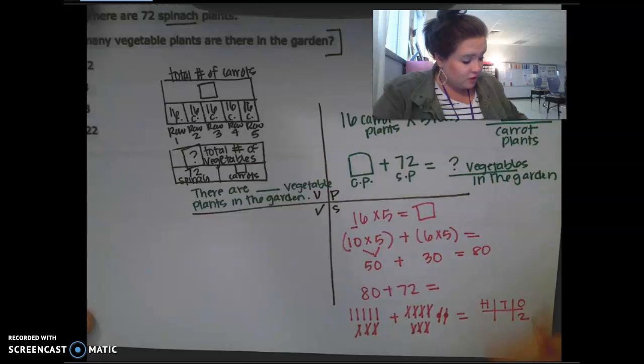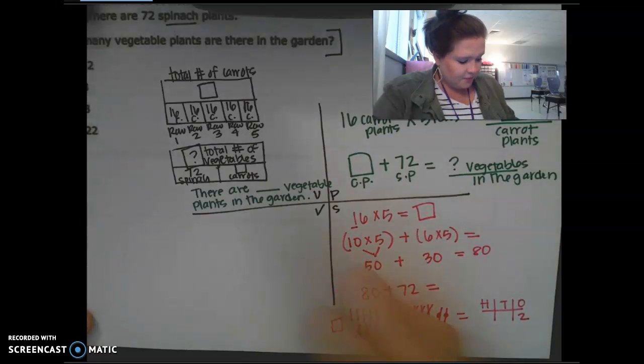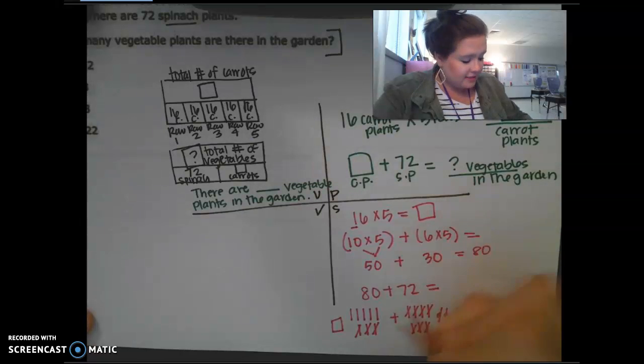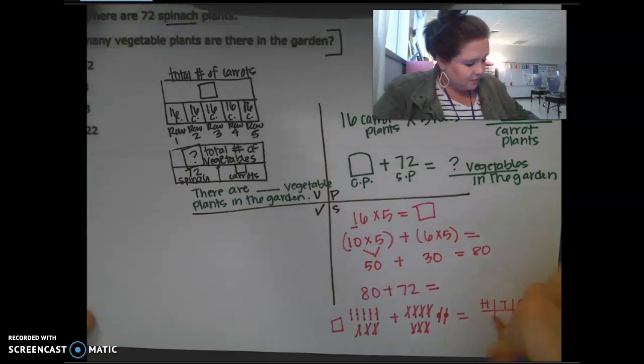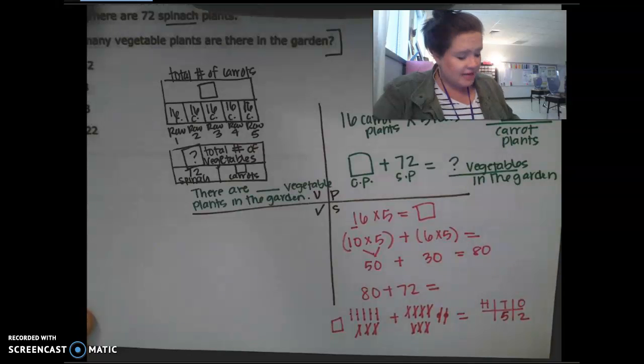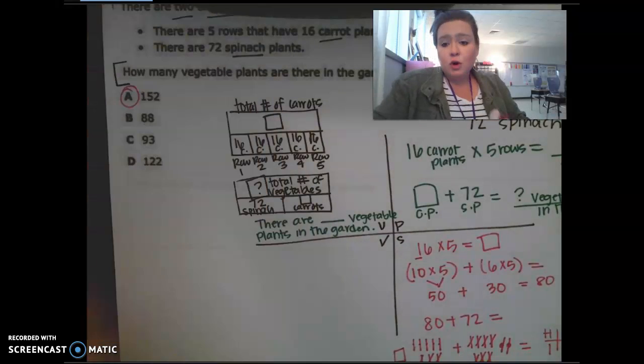I'm going to create 100. All right, let's count the remaining 10s. 10, 20, 30, 40, 50. I have 5 10s, 1, 2, 3, 4, 5, and I have 1 100. 80 plus 72 is 152. There is your answer.